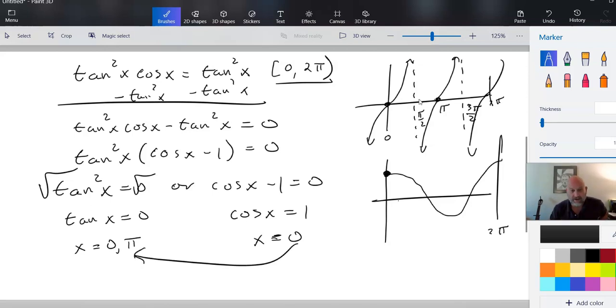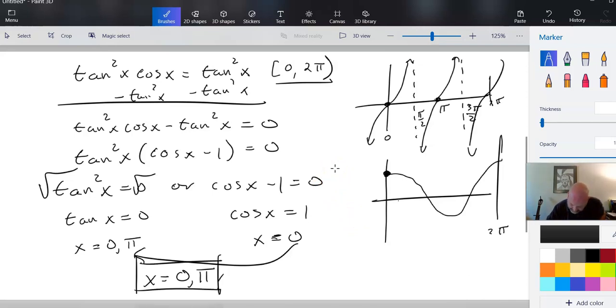So we have all of our solutions: x is equal to 0 and x is equal to pi. Or excuse me, 0 doesn't make cosine 0, 0 makes cosine 1. I knew something didn't sound right about that. Sorry. In any case, those are all of our solutions.